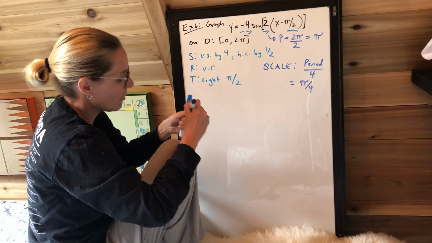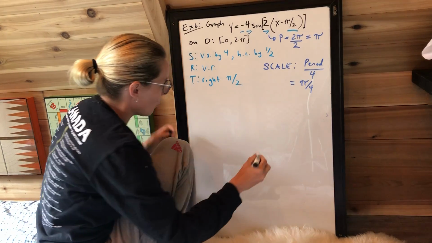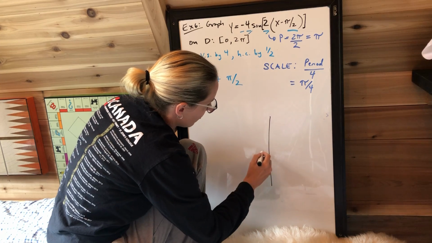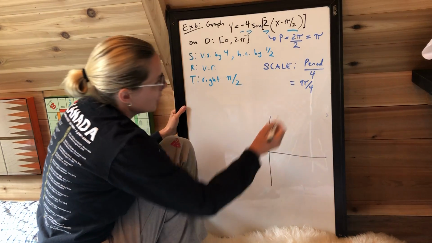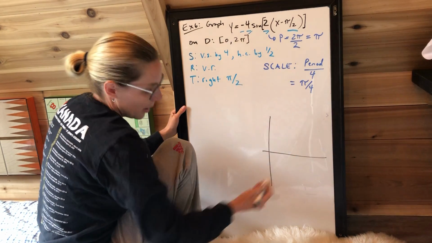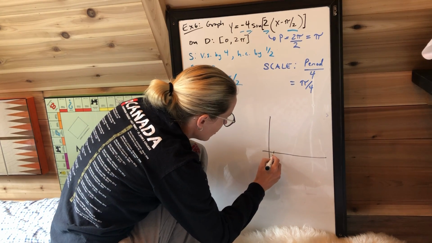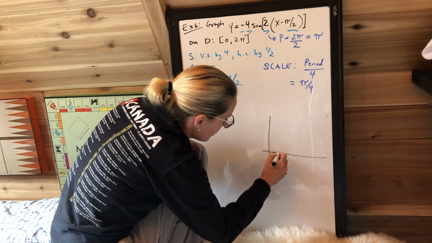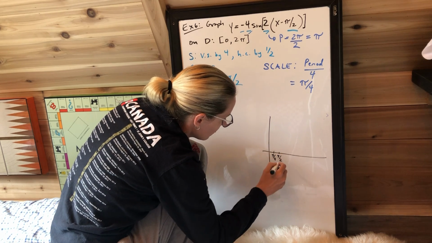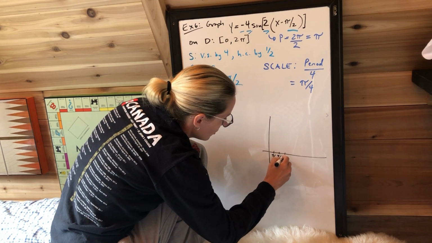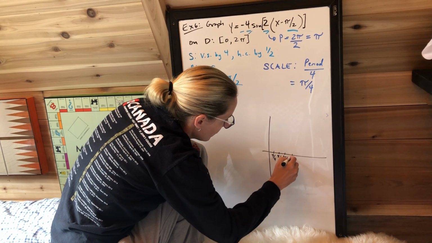But our scale of pi by 4 means when we're ready to graph this, and because we're only graphing it from 0 to 2 pi, we would like to go up by pi by 4s. So we are actually making quite a large graph here, because we're going to go pi by 4, and then you add pi by 4 again, gives you pi by 2, 3 pi by 4, pi.